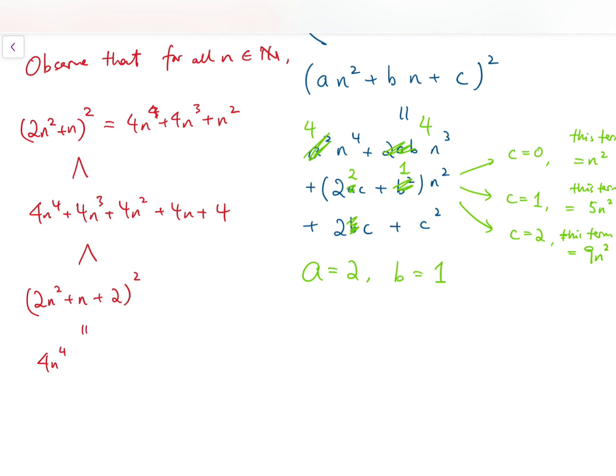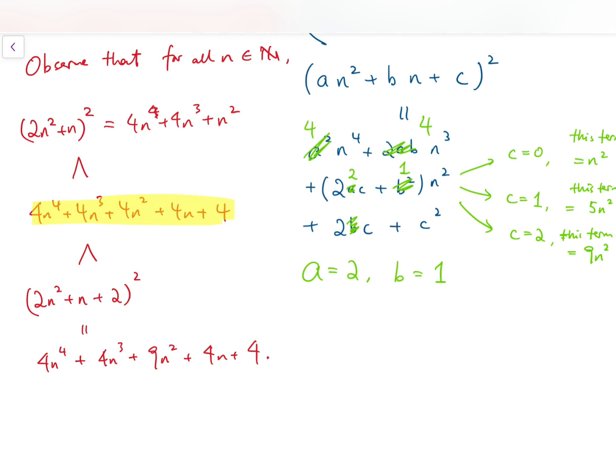And this squared is actually 4n to the power 4, 4n cubed, and then 9n squared plus 4n plus 4. So we know that no matter what n we take, this value must be between 2n squared plus n all squared and 2n squared plus n plus 2 all squared.